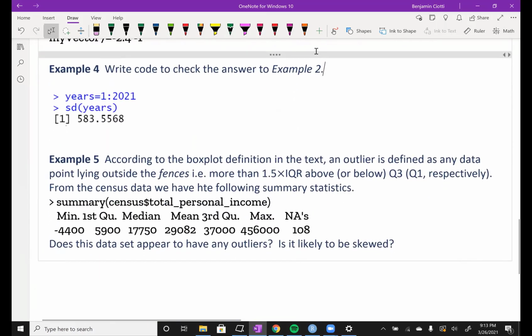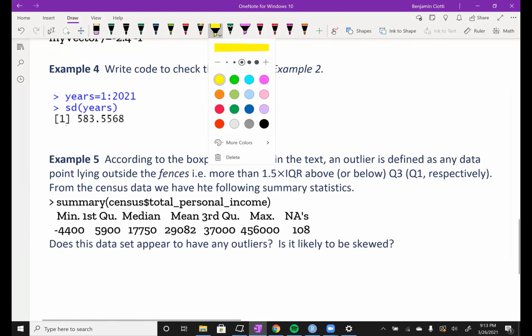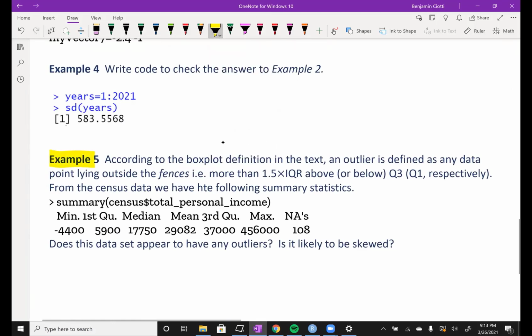Finally, we have example 5. So according to the box plot definition in the text, if you watch the earlier videos carefully or read the textbook, they define an outlier as any data point that lies outside of the fences.